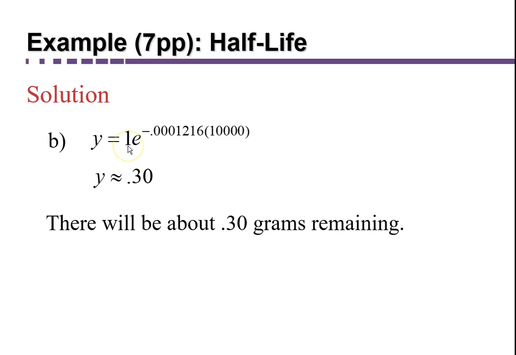We started off with 1 gram. e, we know, put that in our calculator, just put e, and then a caret, and then put all of this in parentheses, and it comes out to be about 0.3, which is about 3/10 of a gram remaining after 10,000 years. So that's the second part of that problem.